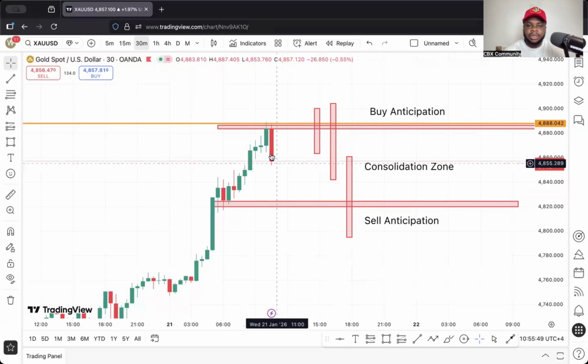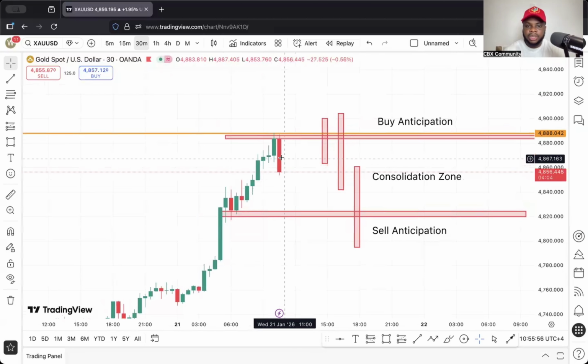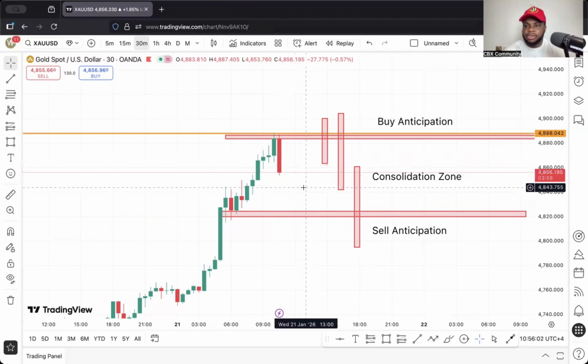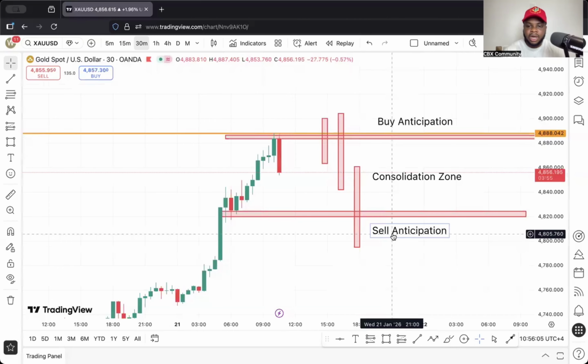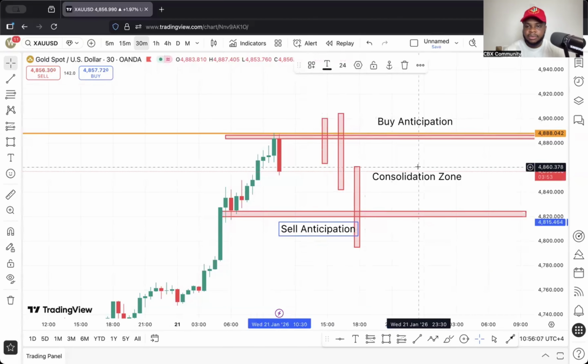So let's wait until the close of this candle before we'll be able to identify this zone as our resistance zone. Then the moment we identify this zone as our resistance zone, that means our buy anticipation is valid and this zone can be considered as a consolidation zone. So for now, we don't need to do anything.